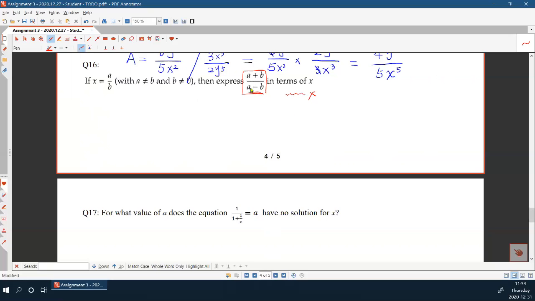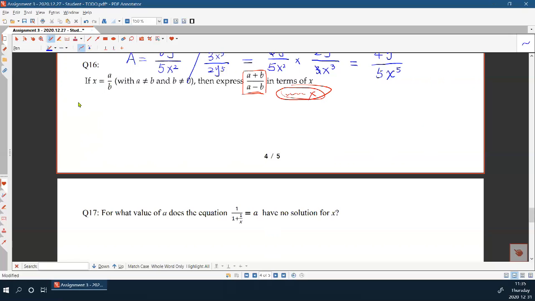That means you have to convert a or b into something with x. Consider what the problem already tells you: x is a over b, so we can express a using b and x, or express b using a and x. Both are okay, right?